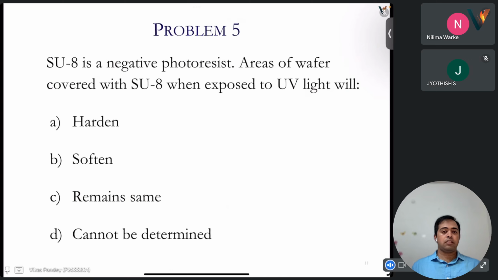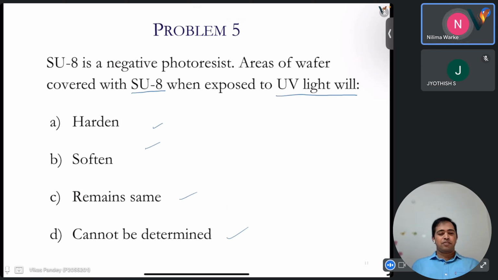Now, let's come to the next question. SU8 is a negative photoresist. We have talked about this in the previous classes also. Areas of the wafer covered with SU8 when exposed to UV light will harden, soften, remain the same, or cannot be determined. I think this is a repetition from the previous class.